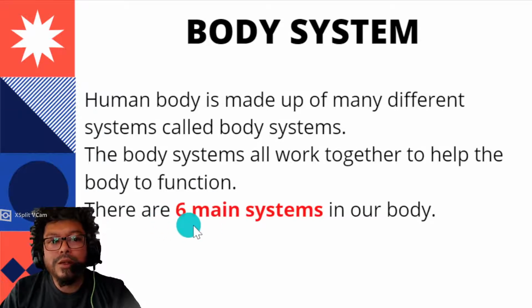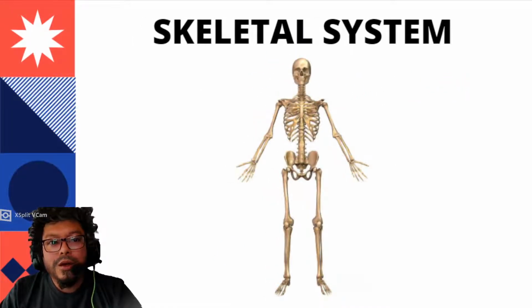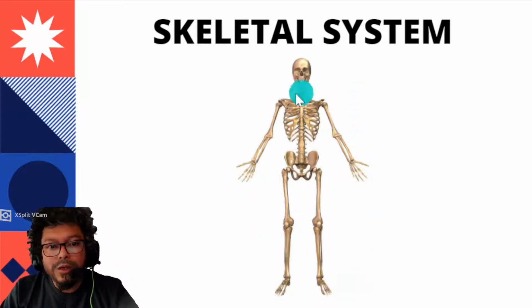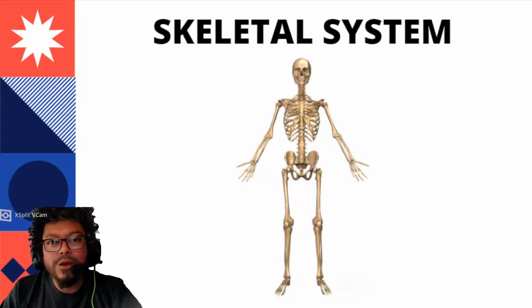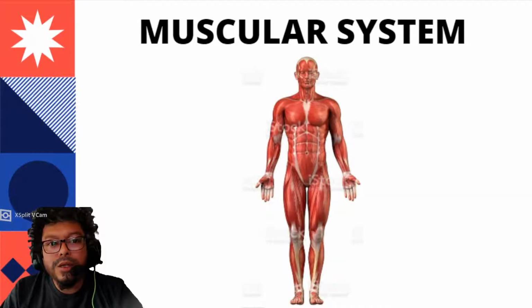There are six main types of system in our body that you need to learn. Number one would be skeletal system. Skeletal system means skeleton. This picture is our skeleton. So this is what we call skeletal system. And the next one is muscular system.